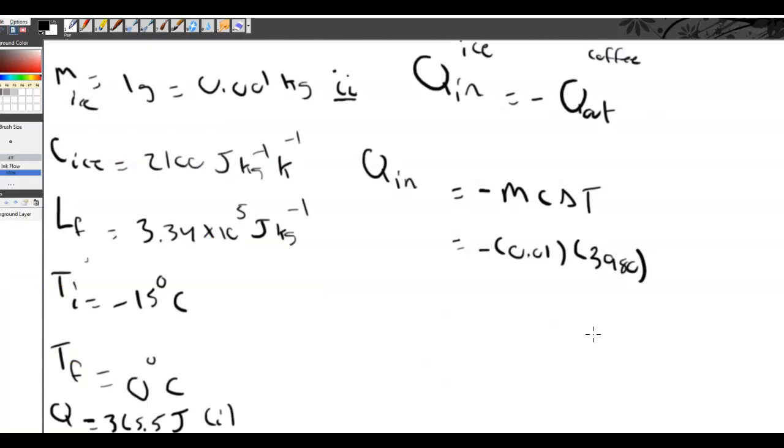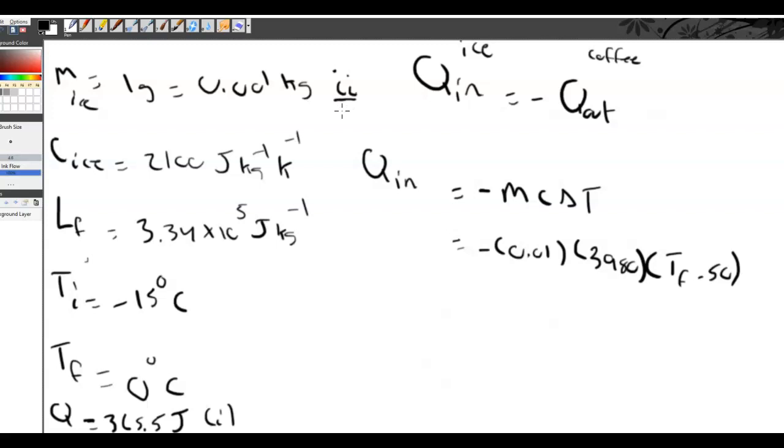And now, no matter if I'm talking about question 2 or question 3, I'm still going to have the same kind of setup on the right side of the equation. I have delta T, which is T final, which is my unknown, and the initial temperature of the coffee is given as that. Now, Q in depends on if we're talking about question 2 or question 3.